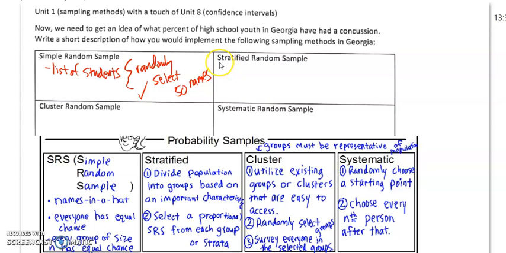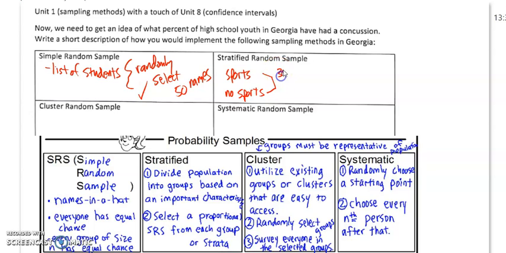But maybe we want to make sure that we get representation from all groups of students, and we're still talking about high school youth. We want to make sure that we get some that have played sports and some that don't play sports. And so we split it up into these 2 different groups here, and we get a random selection.